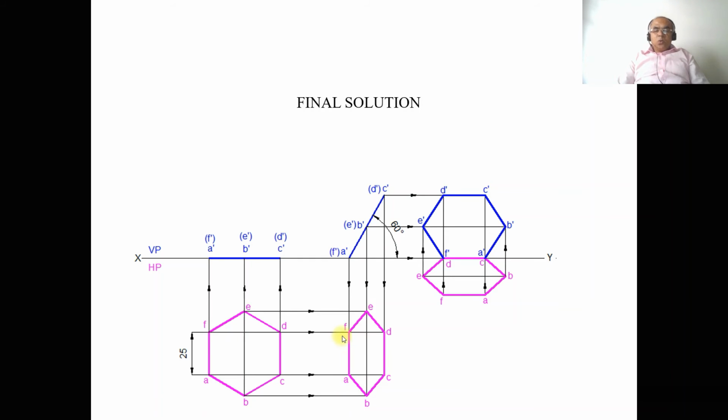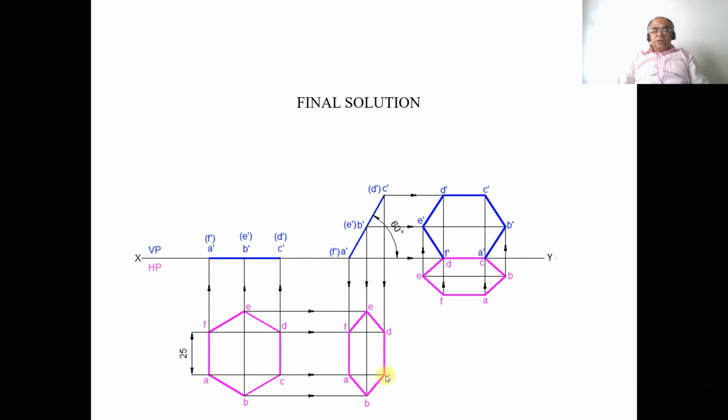Once you do that, now the side opposite to the side that touches VP. So now we rewrite the second position top view in the third position by rotating it in the counterclockwise direction such that CD will rest on the XY line.